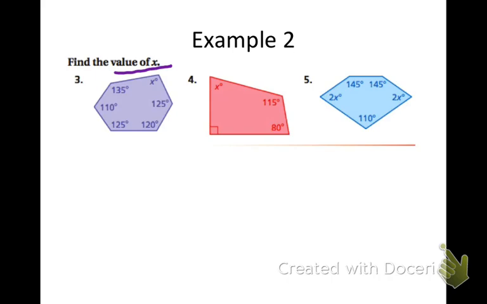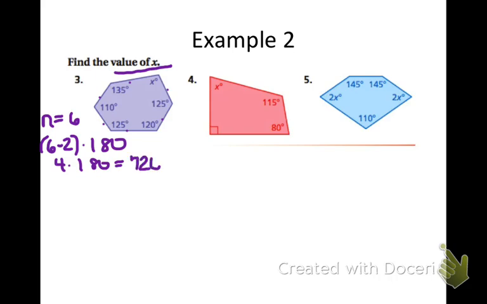So first we have to know how many sides this is. 1, 2, 3, 4, 5, 6. So n equals 6, or 6 sides. We know that 6 minus 2 times 180 would be 4 times 180, and we just found that out to be 720.